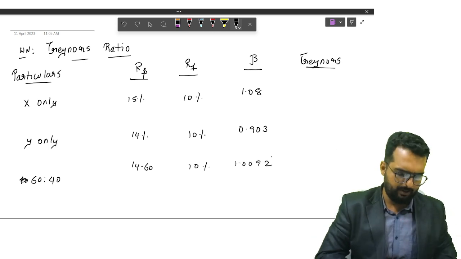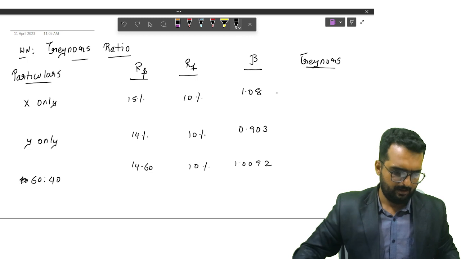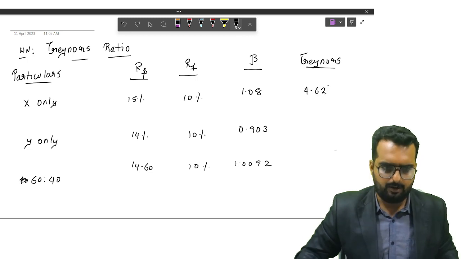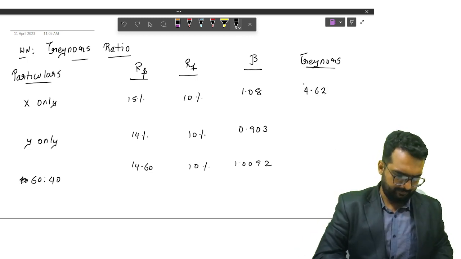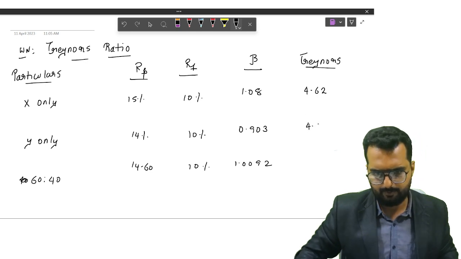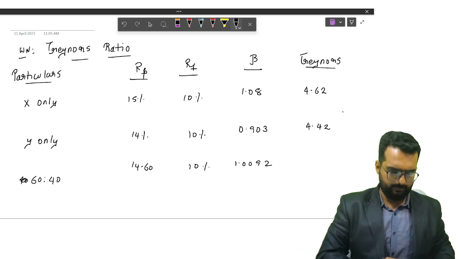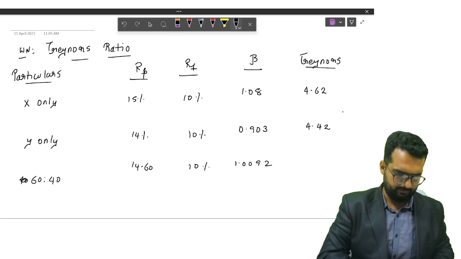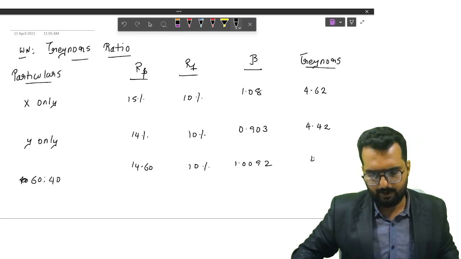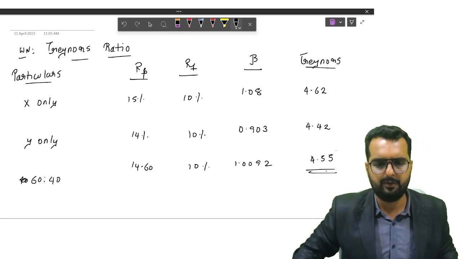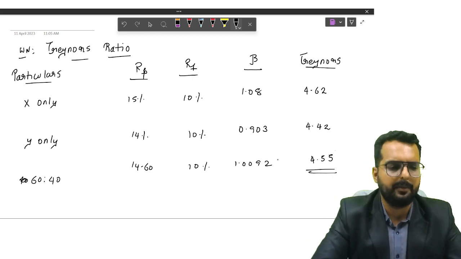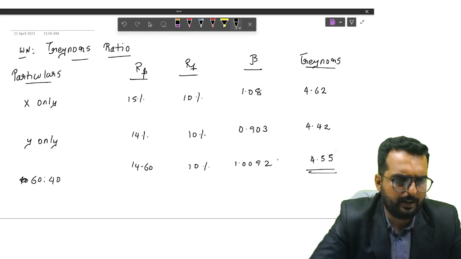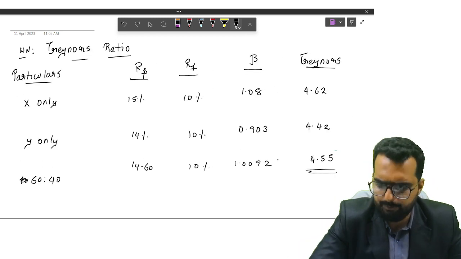From this, can I find out the answer now? 4.62, 4.42, and you get 4.55 for the third one, correct? Okay, so we are done with Sharpe, we are done with Treynor's ratio also.